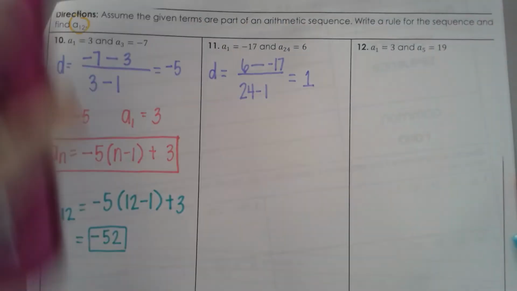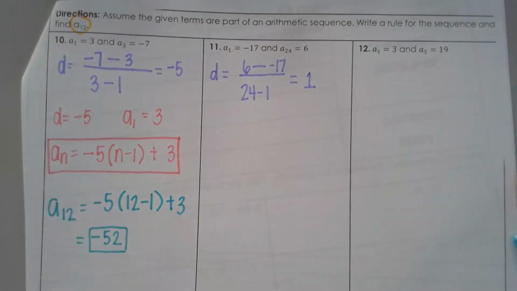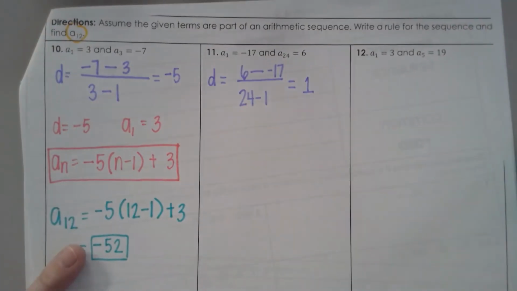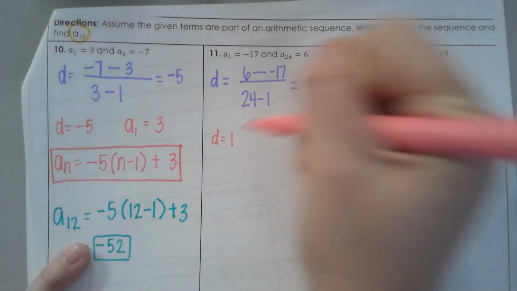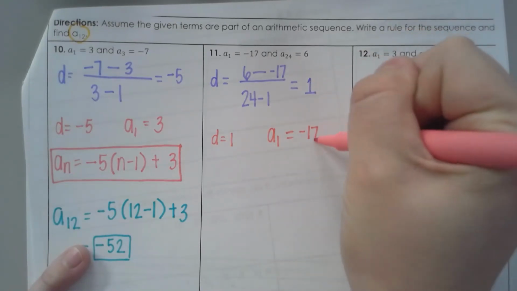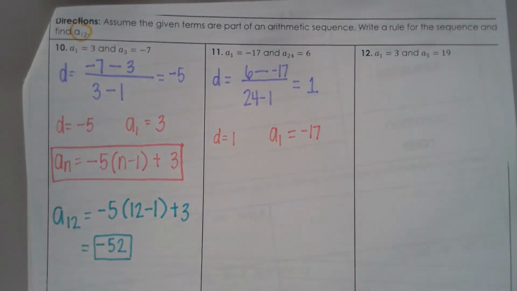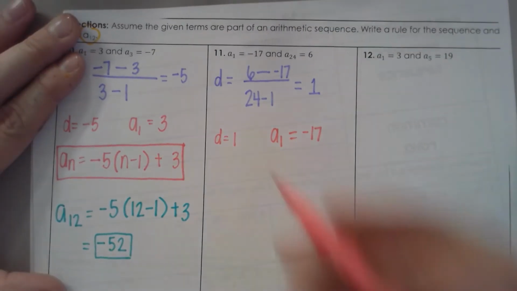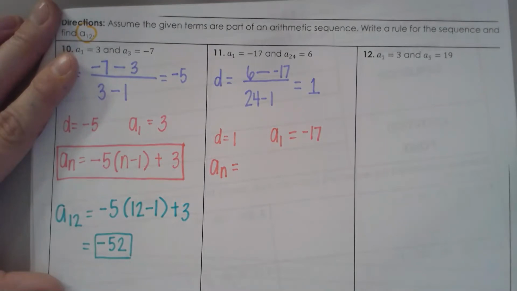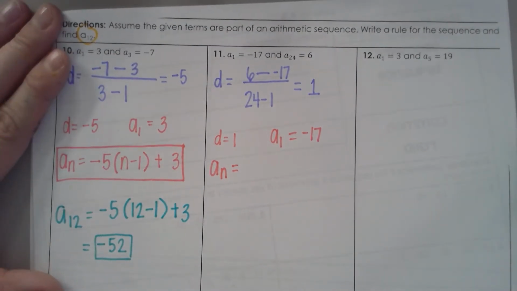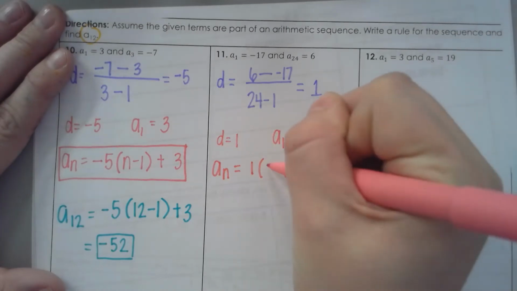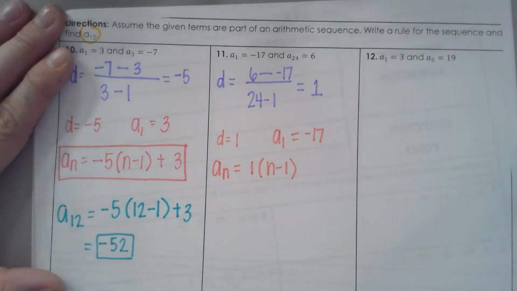It's adding 1 every time. Alright. So my common difference is 1. My A1 is negative 17. And so that's what goes into the formula. So AN equals 1 times n minus 1.